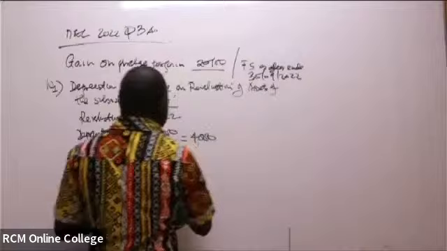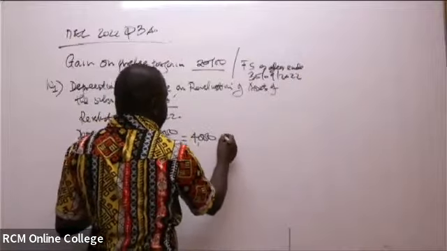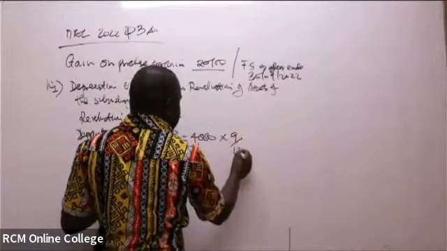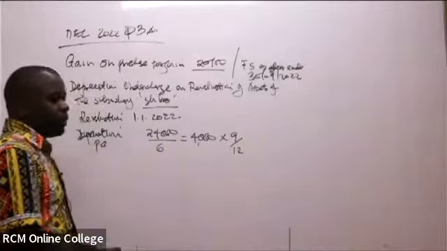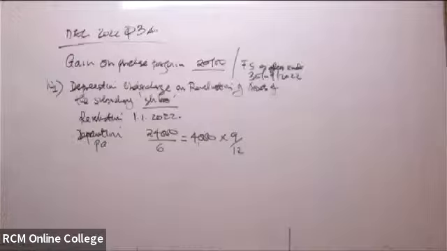So we have to only consider depreciation for 9 months. We multiply by 9 out of 12. So what do you get when you do that computation?